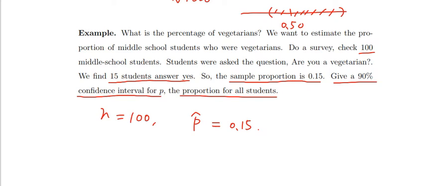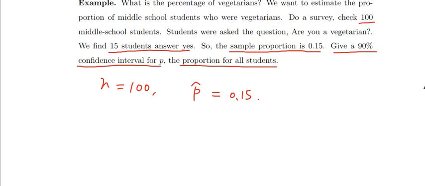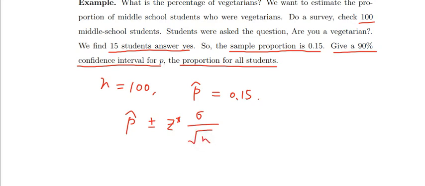So we can use this formula, right? P hat plus or minus C star times sigma. Now sigma becomes, as we replace sigma by the radical of P hat Q hat.